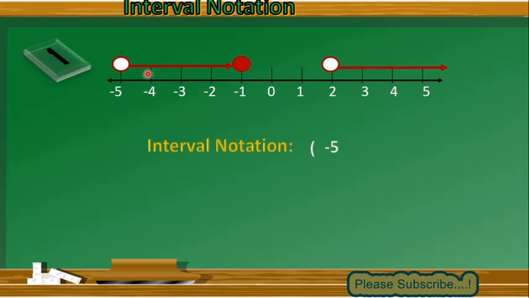Then -5, comma, -1, bracket. Why bracket? Because it is a closed circle. Then union, open parenthesis, then 2, then comma, positive infinity, parenthesis.